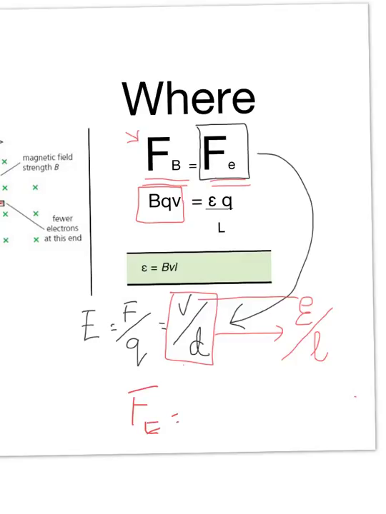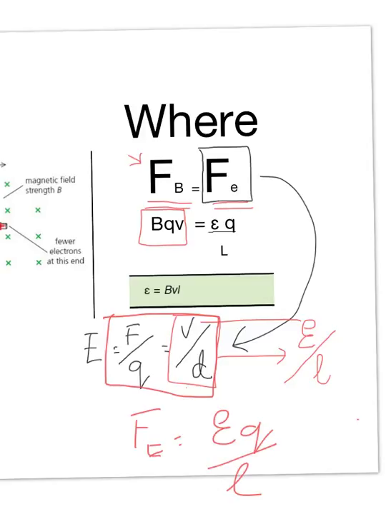Our electric force is equal to E over L times Q, by rearranging these quantities. So now you can see why our electric force here is equal to the EMF times the charge over the length of the wire.